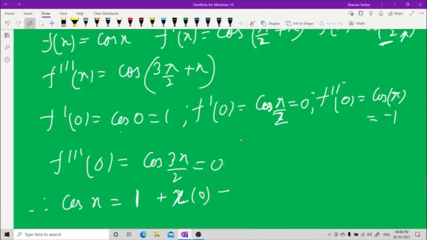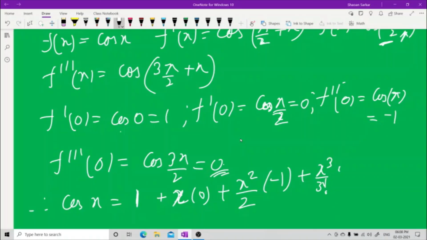Then you have minus x square by 2 factorial, since f''(0) is minus 1. Then plus x cube by 3 factorial f'''(0), and f'''(0) is 0.